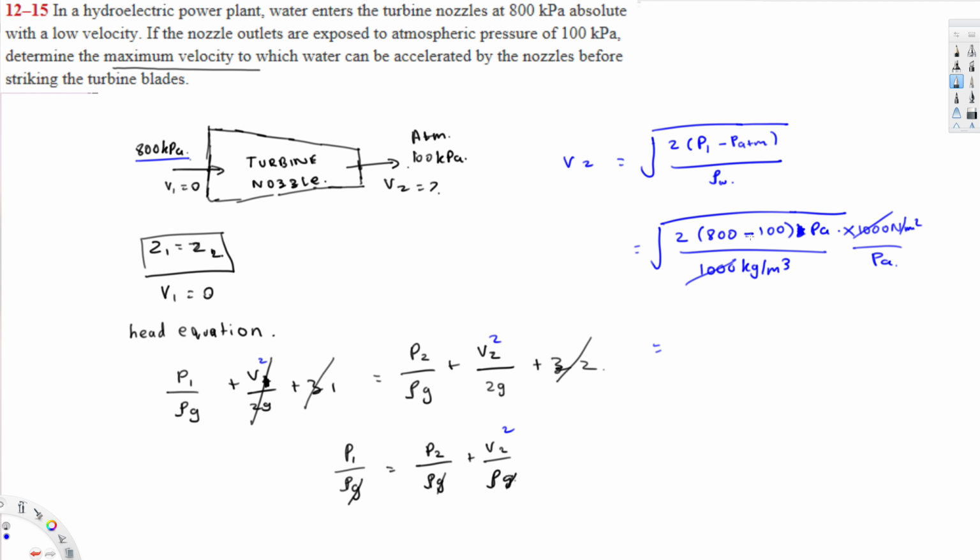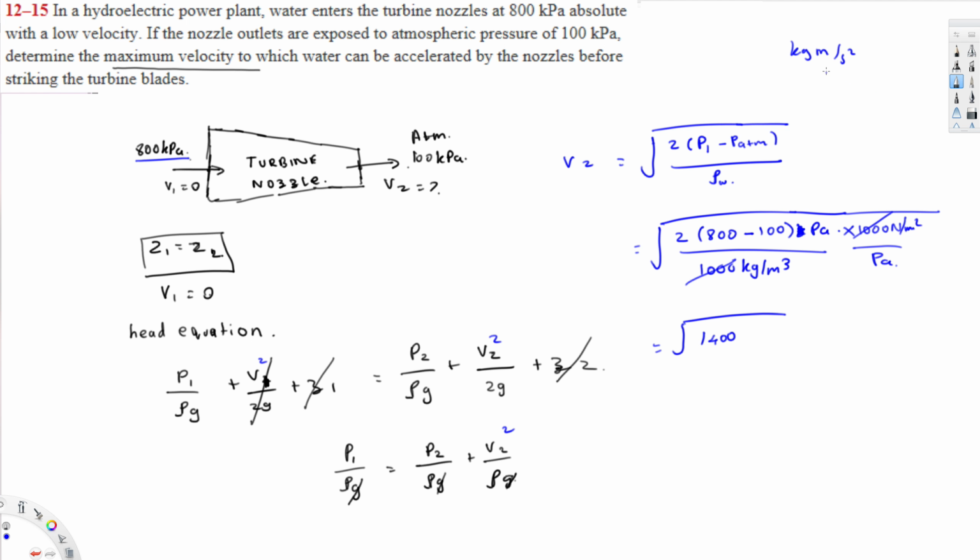2 times 700, that's going to be square root of 1400. And since this is Newton per meter squared, if you want to know the unit conversion, we know that Newton is equal to kilogram meter per second squared.